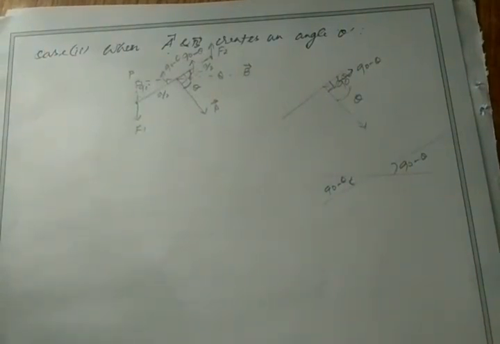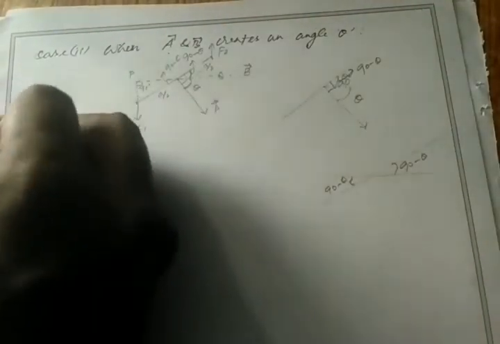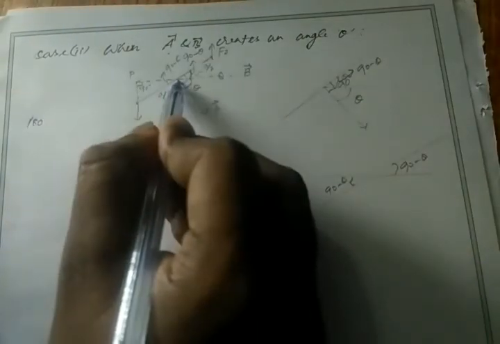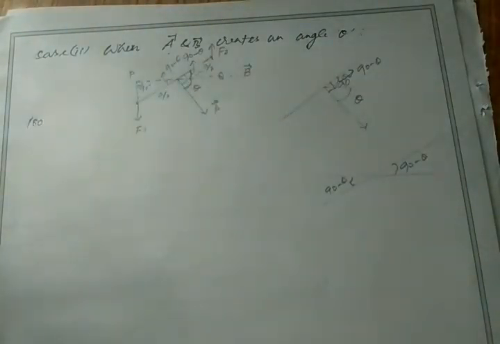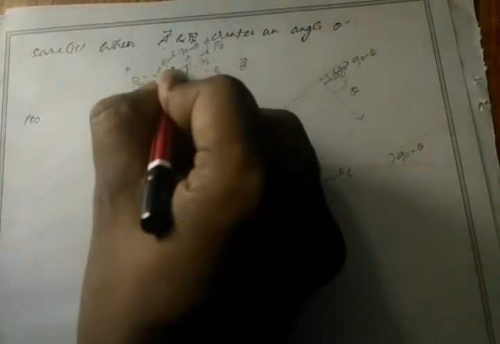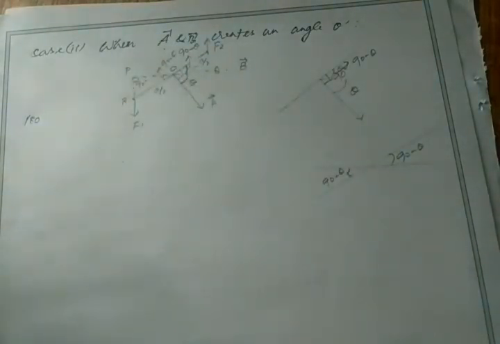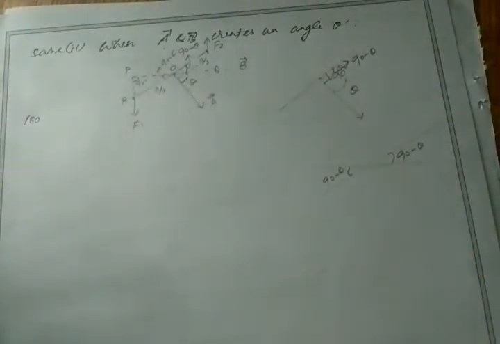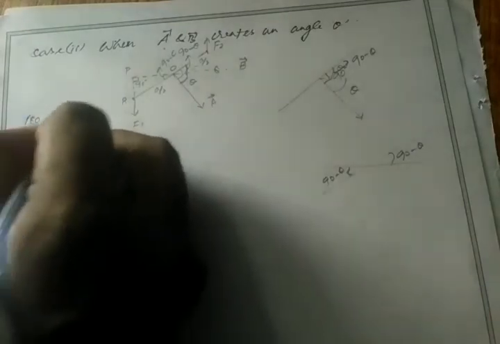Taking this triangle, I point this as O and this as R. So in triangle POR, the total value will be 180 degree. In this 180 degree, we already have two angles, that is 90 degree plus 90 minus theta.